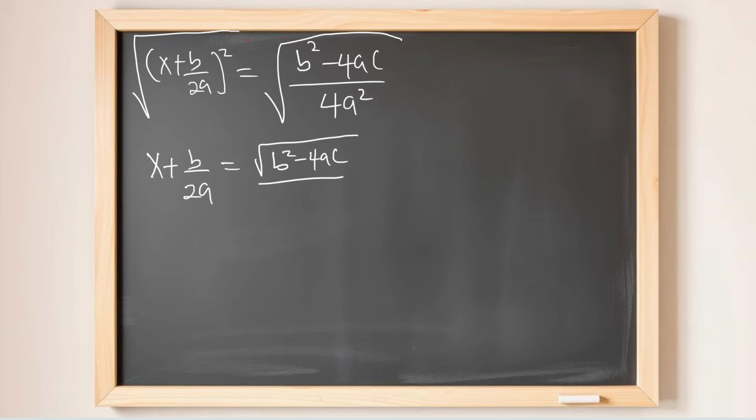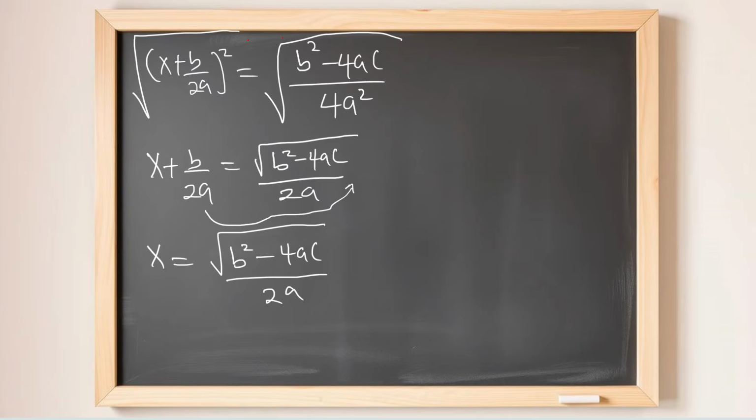And under, the square root of 4a squared is going to be 2a, because if you square 2a, you have 4a squared, which is inside the square root. Now, the next thing to do is to move b over 2a to the other side. So here, I will be having x equals square root of b squared minus 4ac over 2a minus b over 2a.